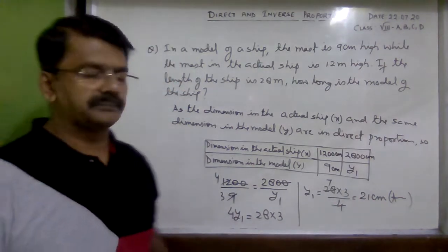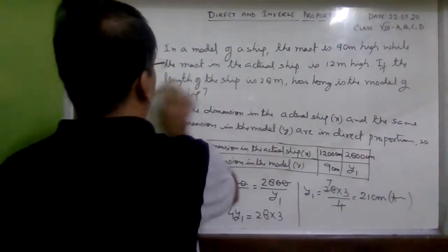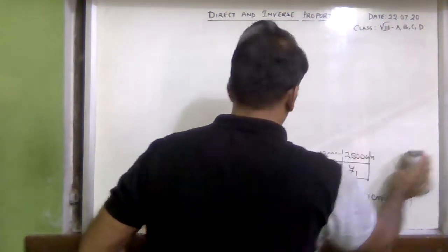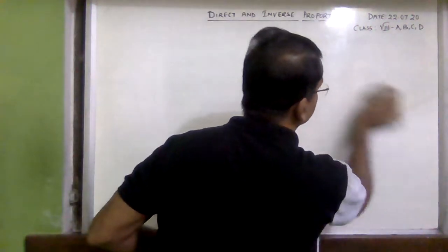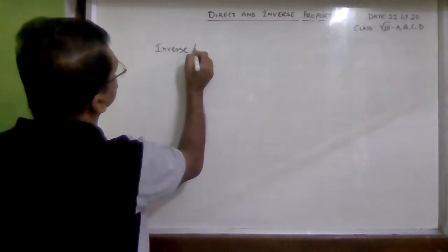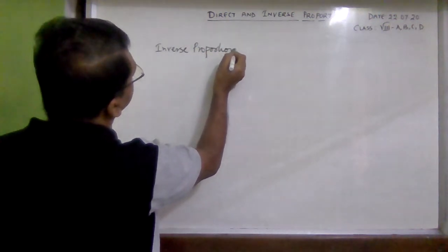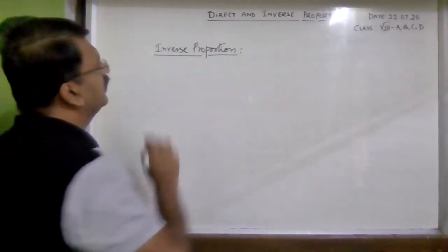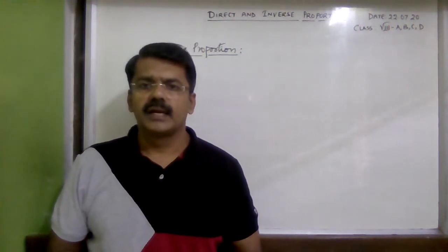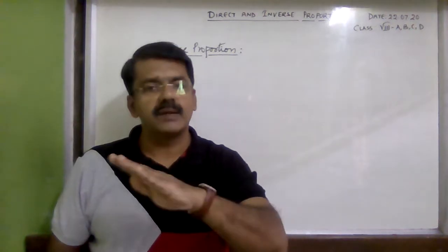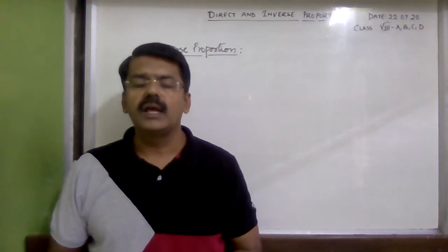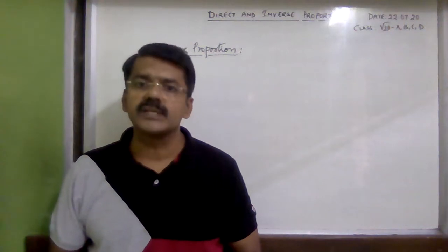Clear? Now, inverse proportion. Suppose there are two quantities x and y such that when x increases then y decreases, or when x decreases y increases, then we call that x and y are in inverse proportion.